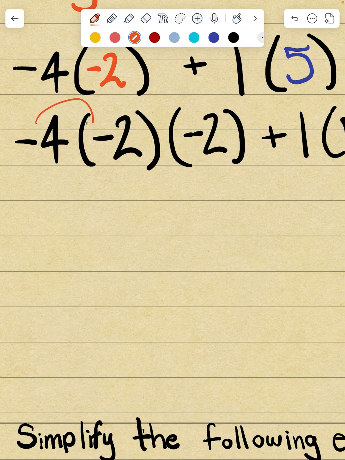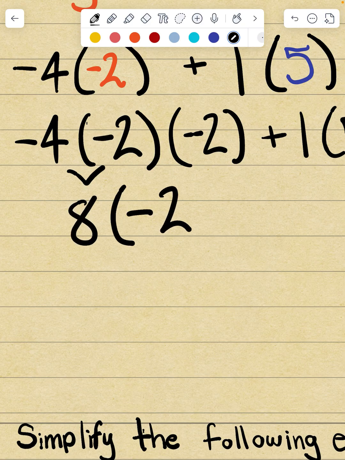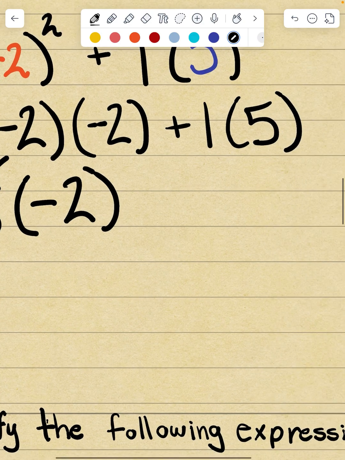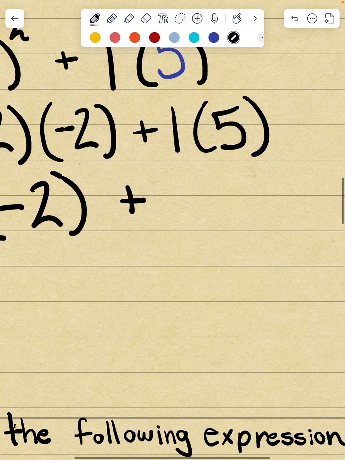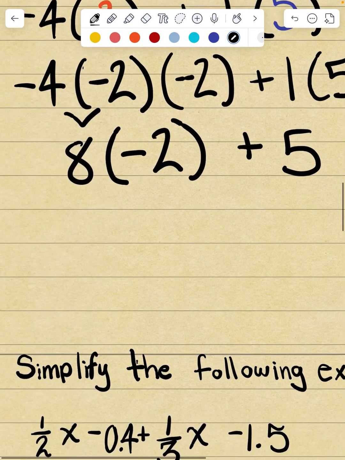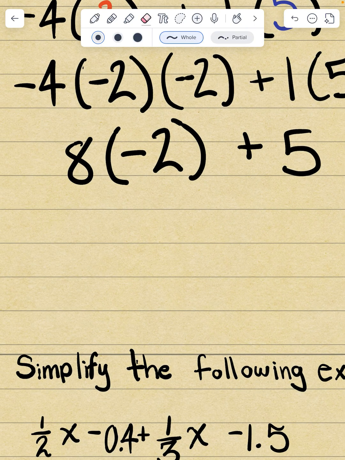So we'll go with our first two and multiply these two. We get same signs, so we get positive. 4 times 2 is 8, but we still have to do that times 2. Plus, well, what's 1 times 5? It is 5.